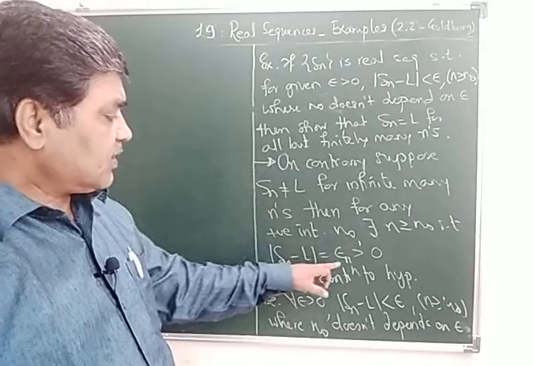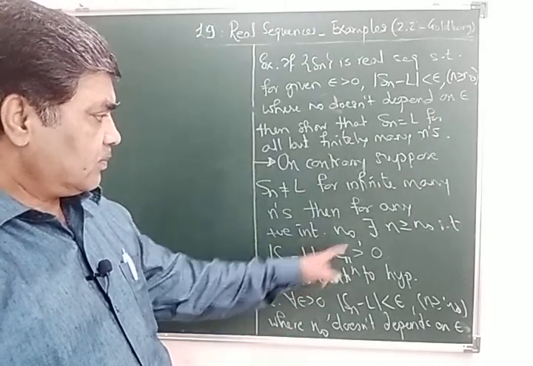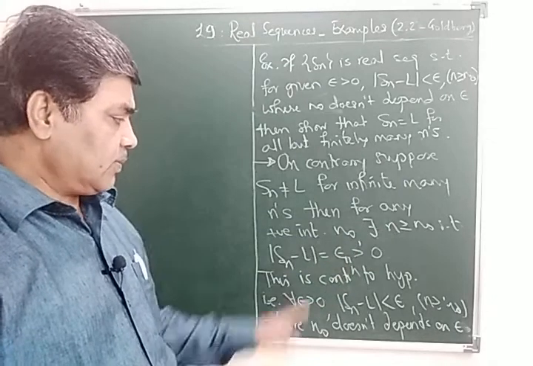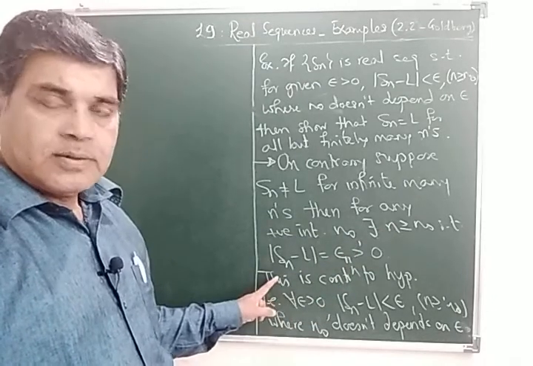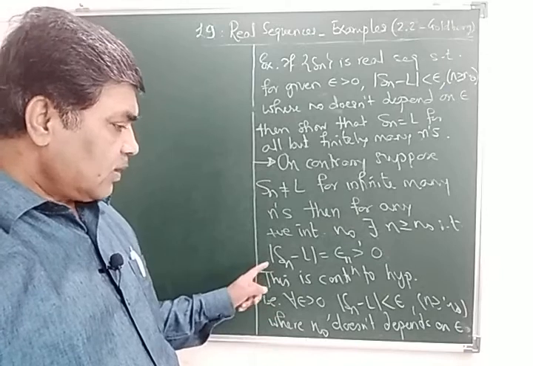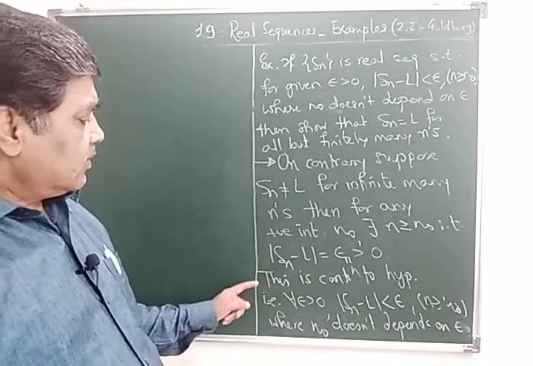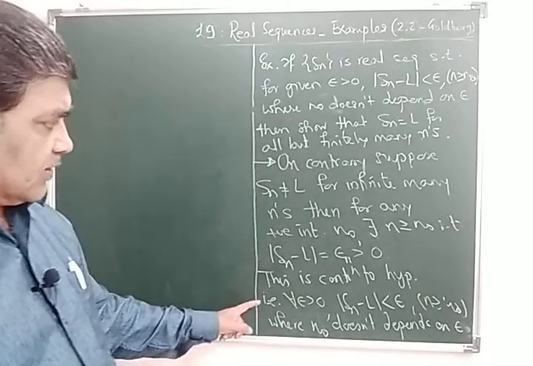Here there exists epsilon n depending on n. Is it clear? And that's why this is a contradiction to the hypothesis.